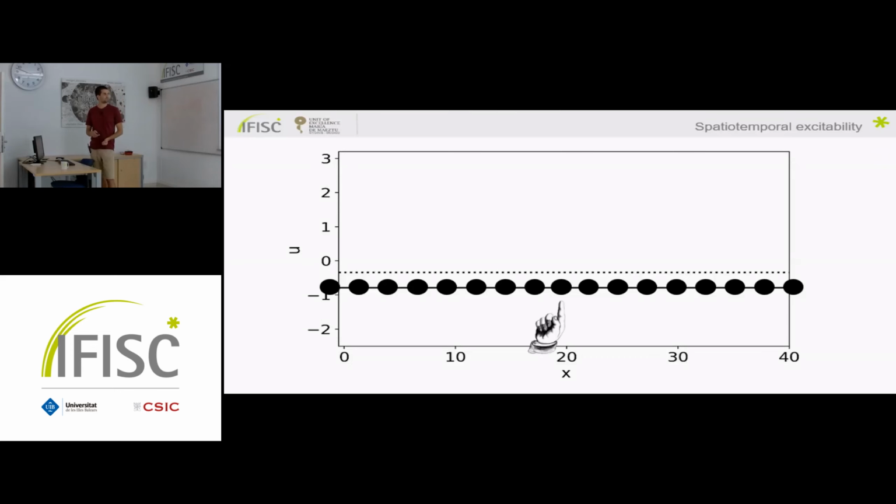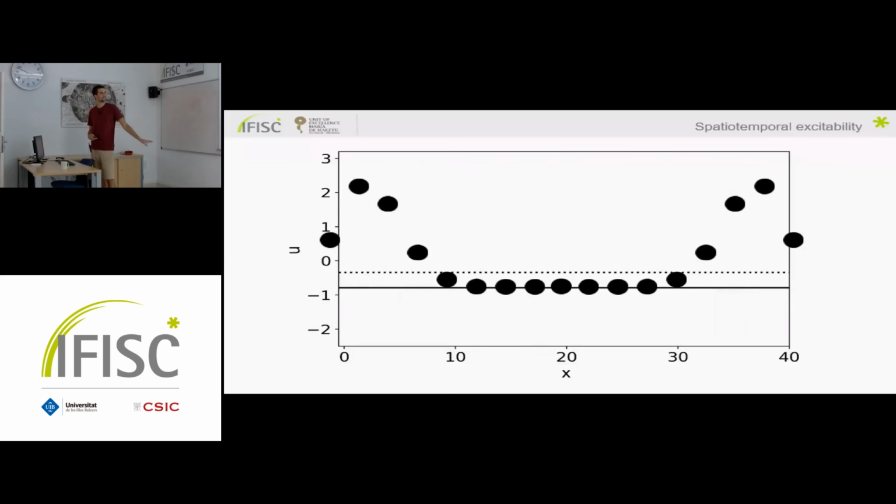If we put a small perturbation on one of them and push it up, what you would expect is that this one will grow and follow the excitable trajectory. It will push up the neighbors, and that will make the neighbors get excited also, and this excitation will propagate in space, making two pulses propagating in different directions.